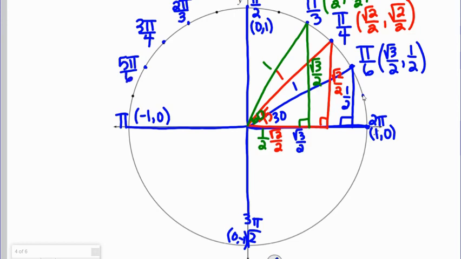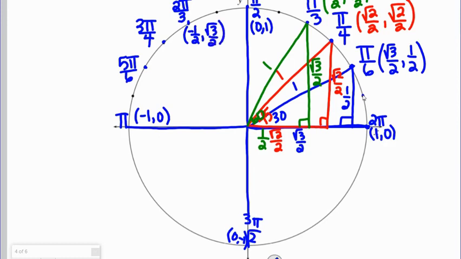Now I should be able to use the same coordinates, only I may have to change positive or negative depending on the quadrant. So the coordinates for 2 pi over 3: the x is going to be negative, so that's negative 1/2, then square root 3 over 2.